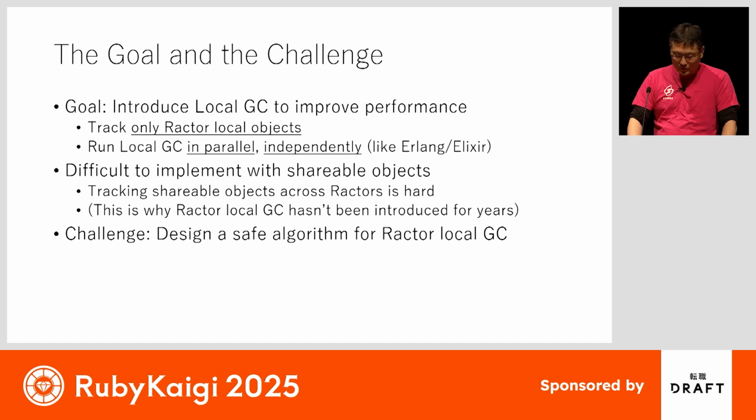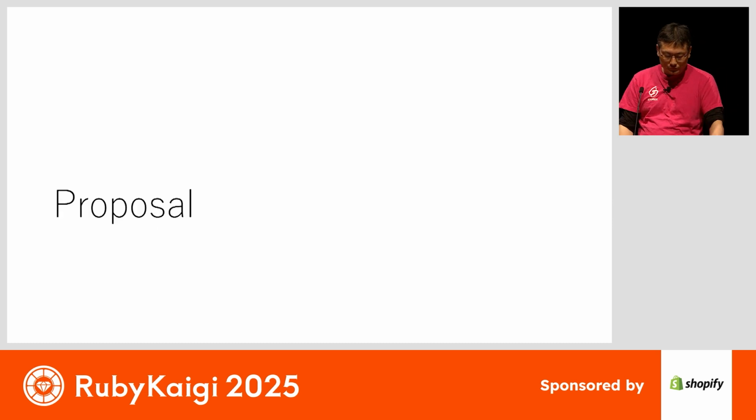And that's exactly why Ractor local GC has been missing for years. It's very hard to get it right. So the core challenge here is how to design safe and practical algorithms that enable Ractor local GC without breaking anything. Now that we've seen the challenge of how to safely implement Ractor local GC, especially with shared objects, let's dive in.